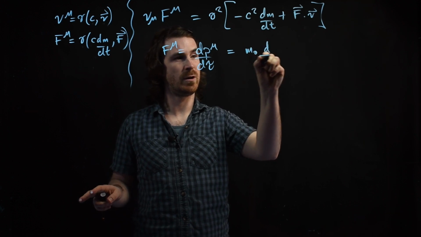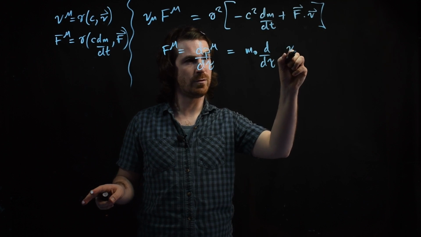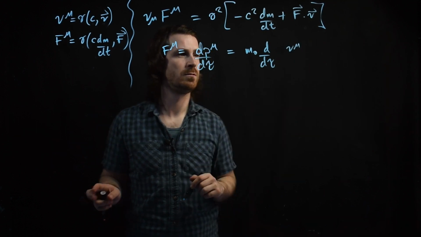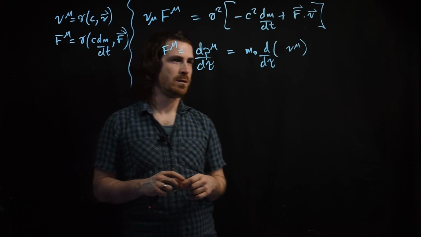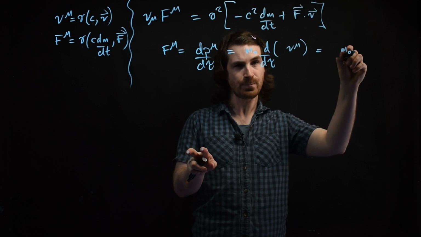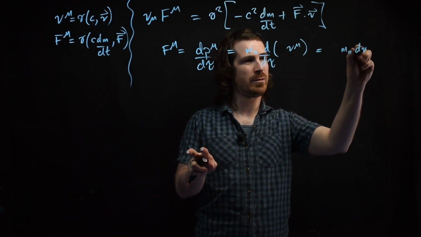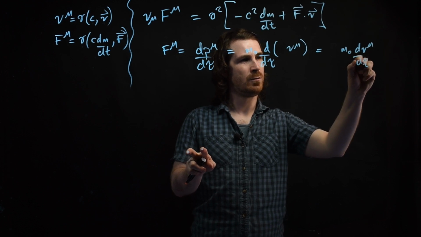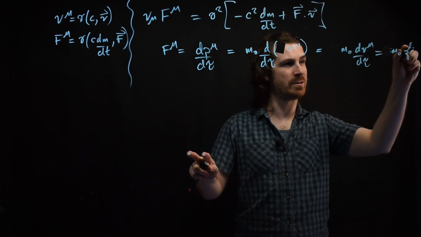So this is d by the proper time of 4 velocity mu. And this equals m0 d4 velocity by d tau, which is just the 4 acceleration.